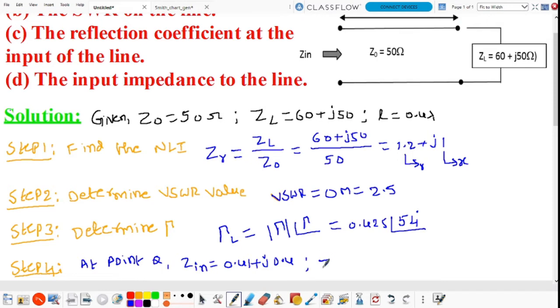We know that the normalized input impedance is equal to the input impedance divided by the characteristic impedance. From this equation, the input impedance is equal to the normalized input impedance times the characteristic impedance.